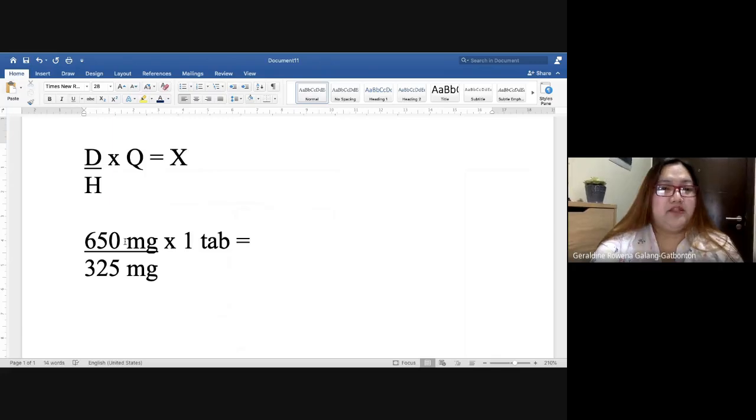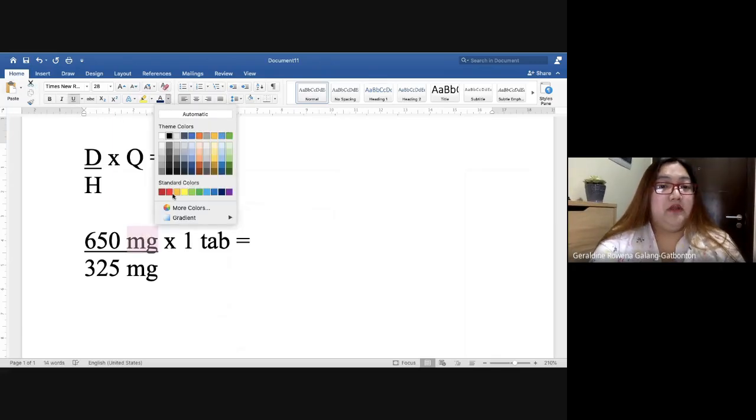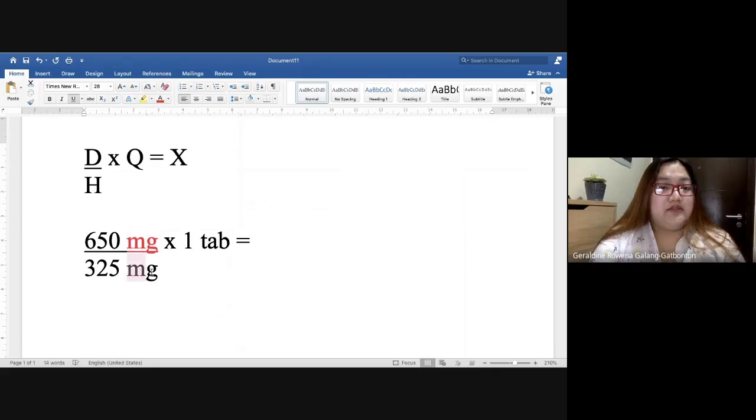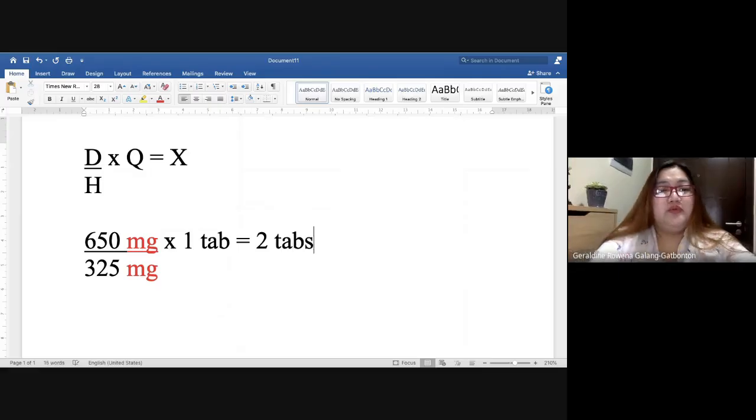Okay, pareho naman siya na mg. So I can easily cancel mg. Ang matitira sa akin, tablet. So 650 divided by 325 times 1 tab is 2 tabs.